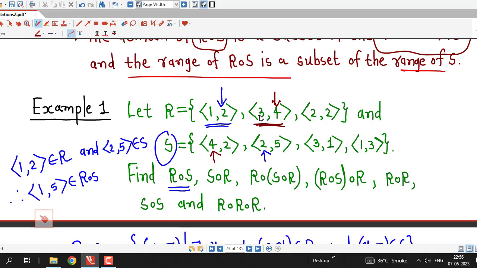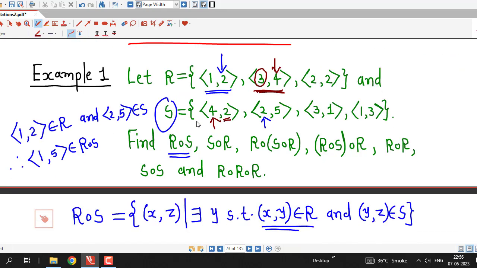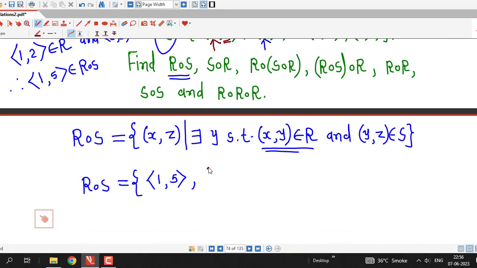Therefore here we have 3 4 in capital R and 4 2 in capital S. So we can see 3 comma 2 is in R composite S. So here I write second element as 3 comma 2.